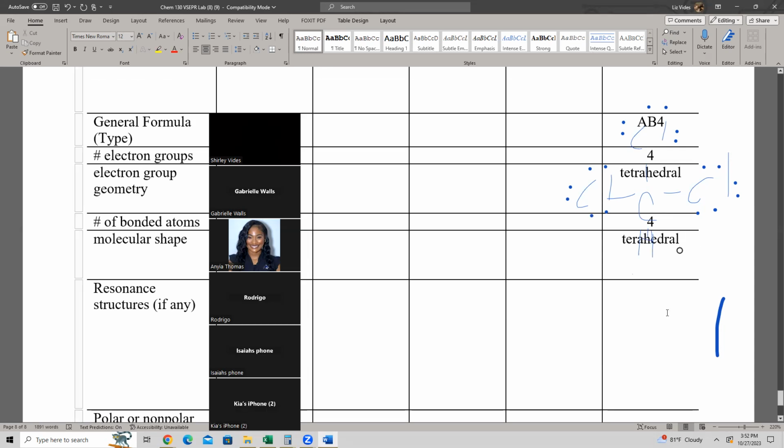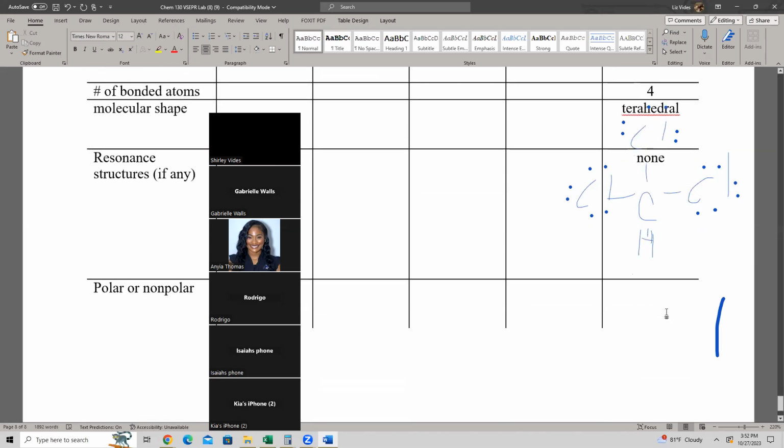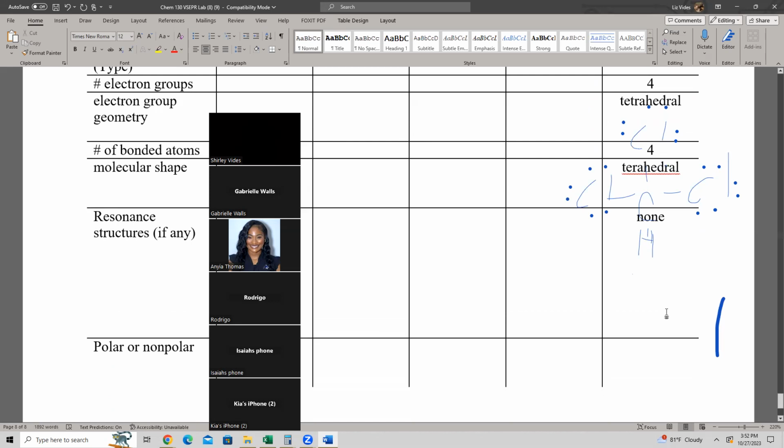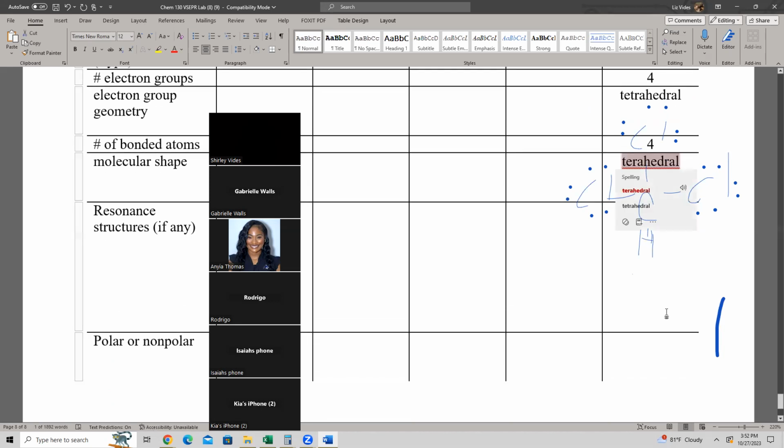Okay, so there are no resonance structures. And is it polar or non-polar? Okay, so far we learned that if the 2 numbers are the same, then it needs to be non-polar.